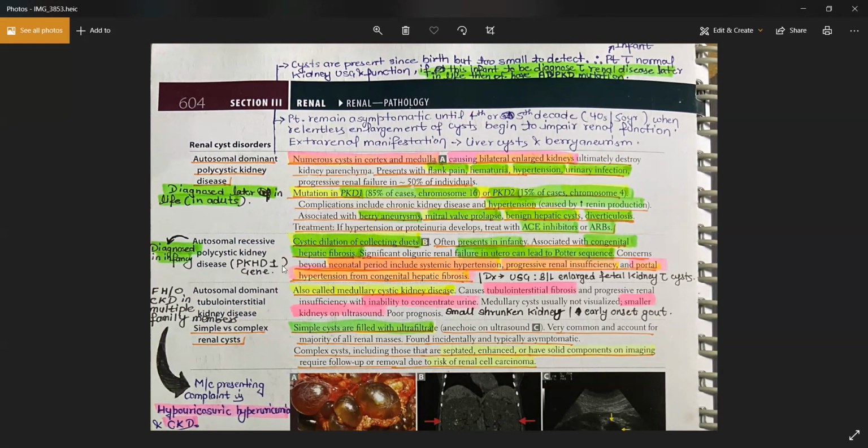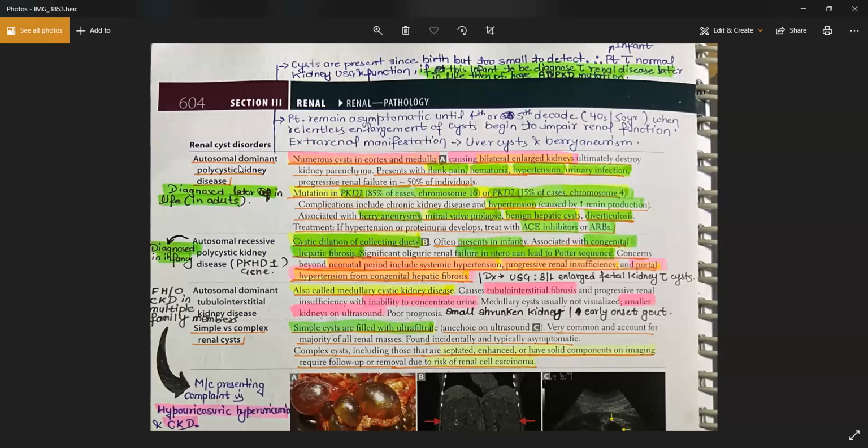For the autosomal dominant polycystic kidney disease, please note this condition always presents itself in adults. Although the cysts are present in infants also, the cysts are so small that they cannot be visualized. As the patient grows and becomes an adult, the size of the cysts also increases.